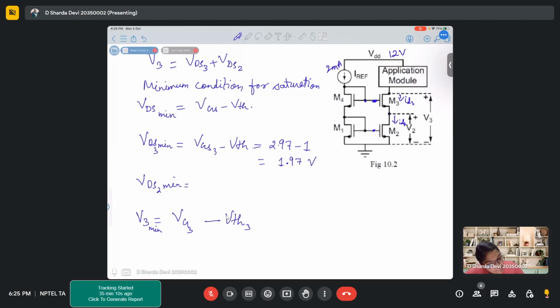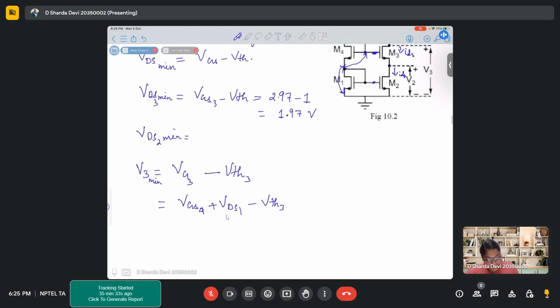So it is this potential till ground. So if we observe, it is VGS plus VDS, right? So we can write VG3 as VGS 4 plus VDS 1 minus VTH3.